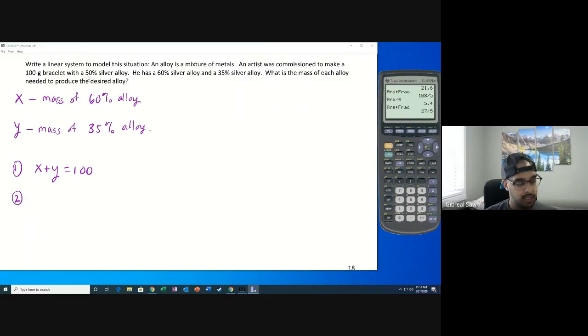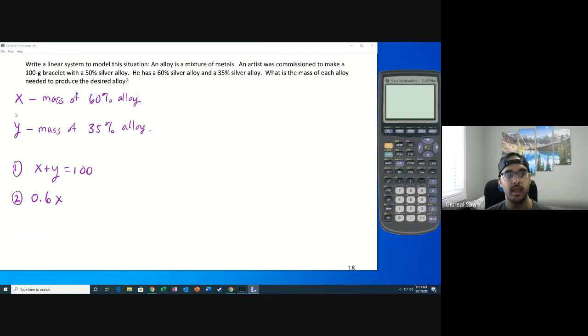That bracelet needs to have 50% silver alloy. Now that needs to be half of what that 100-gram bracelet is. Okay, that's going to be my equal sign. That's a little tricky. But I have to use these numbers somewhere else. Why would they give them to me? Now, if 60% of that x is silver, the other 40 is the other stuff mixed in, I need to take 60% of that to figure out how much I'm going to actually take of it to have the correct amount of silver.